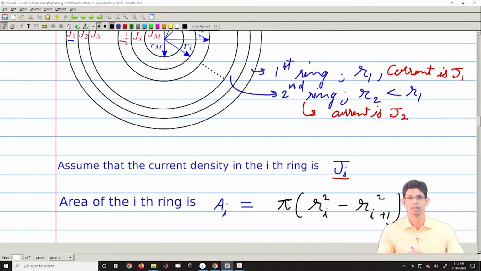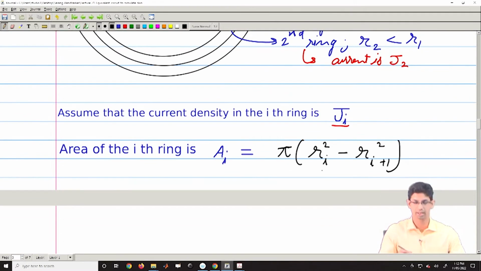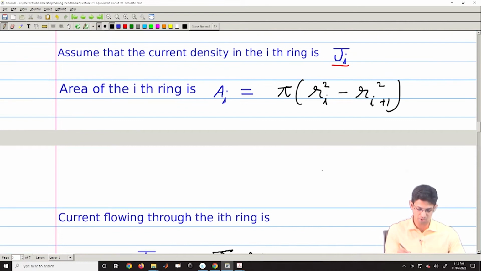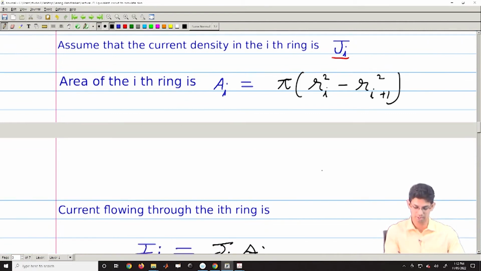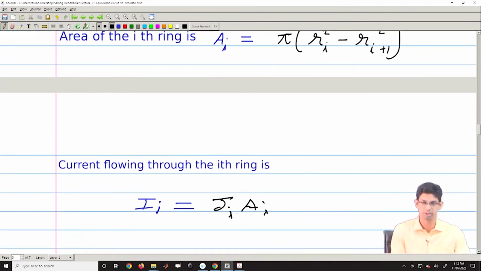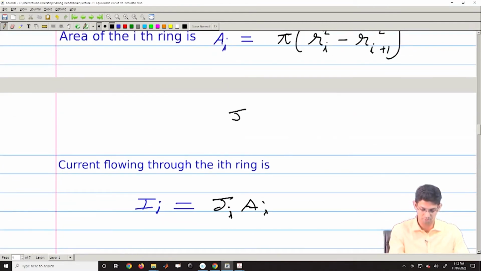So, this will be my Ai. Now, if I know Ji and Ai, I can get the current flowing through the ith ring. That will be Ii equal to Ji into Ai. So, my current density is related to the current like this.